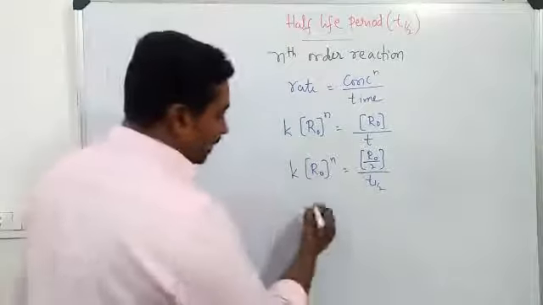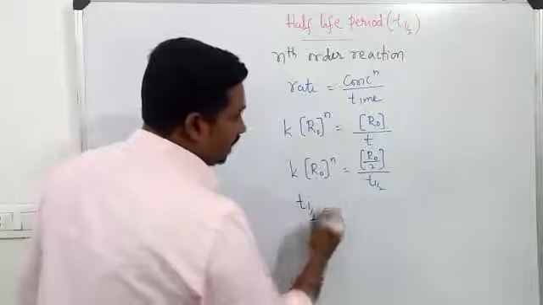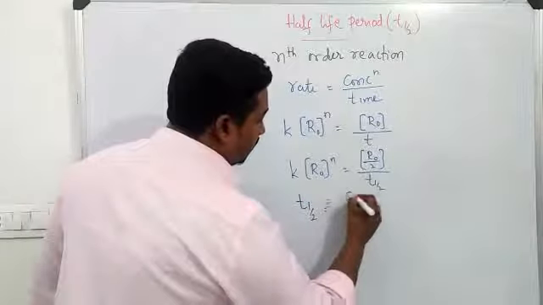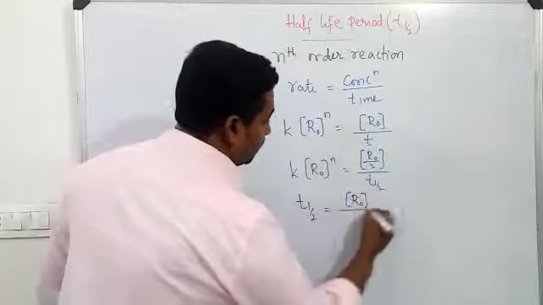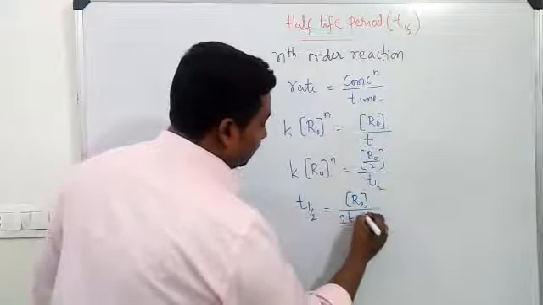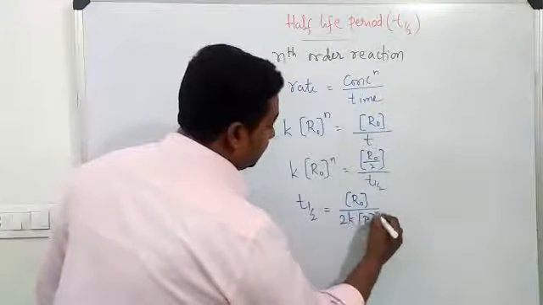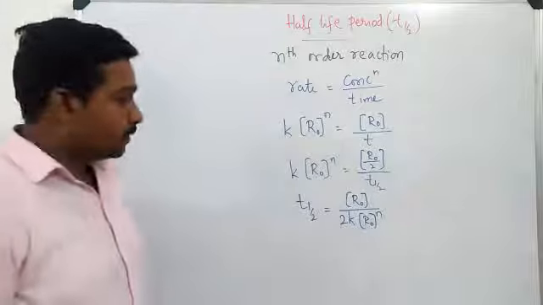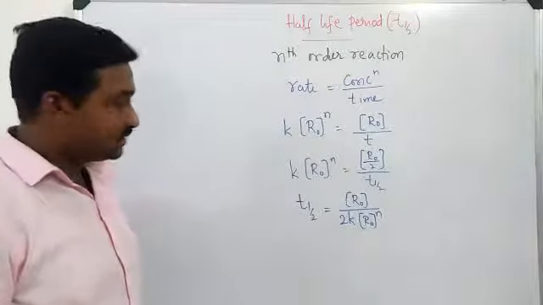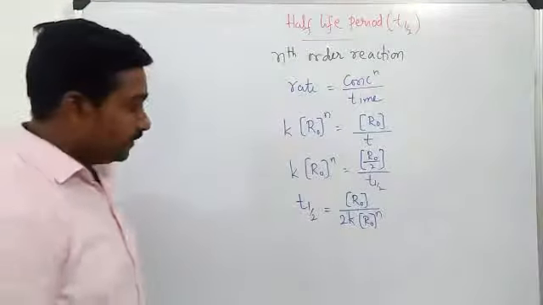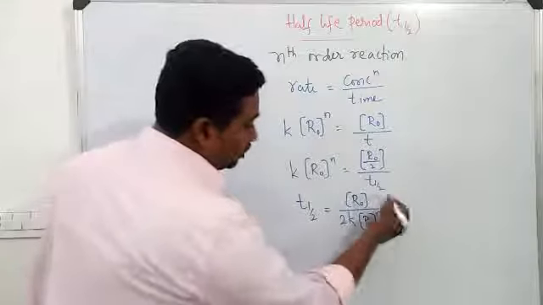Now cross multiply t half to LHS. t half is equal to R naught by 2k into R naught power n. I hope you can easily understand this cross multiplication step. Now take this to the numerator.